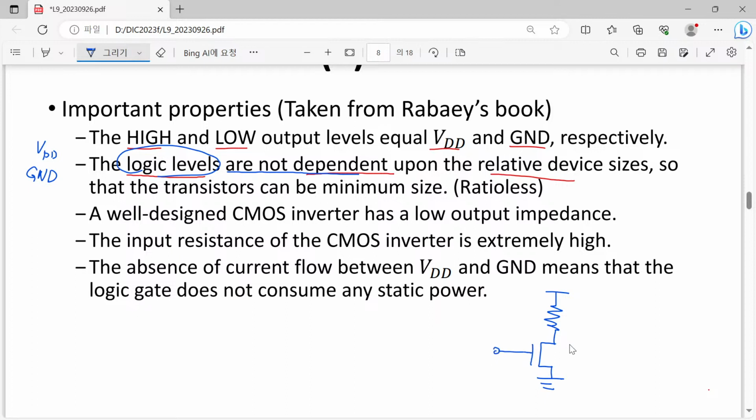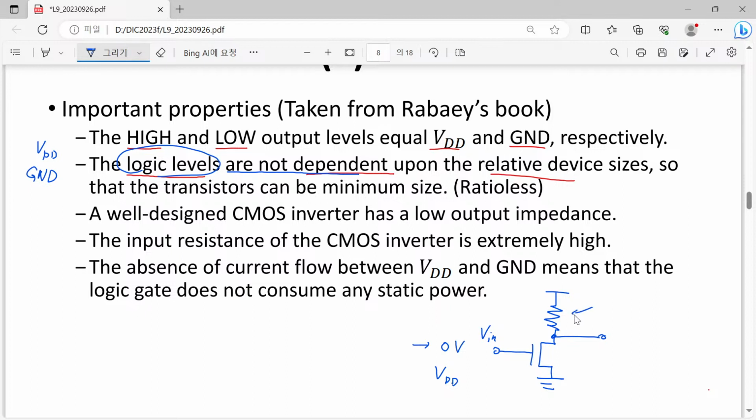Okay, now think about this one. Let's say this is an inverter and we want to apply 0 volt over VDD. Then please think about this one. Now when we apply 0 volt to its input voltage, then this MOSFET will be shut down.